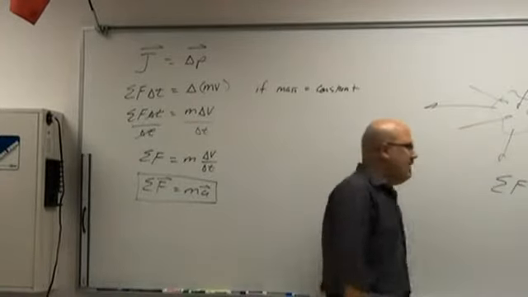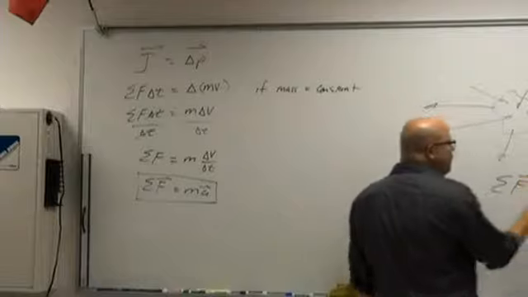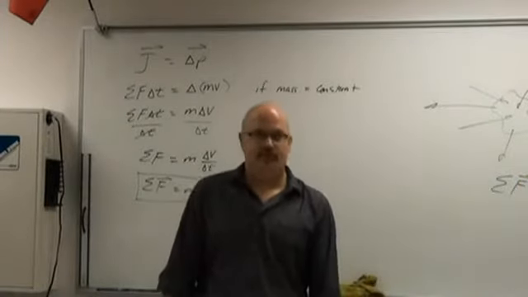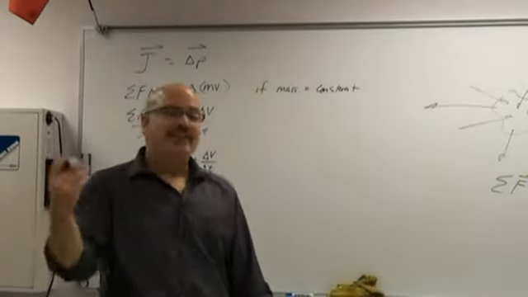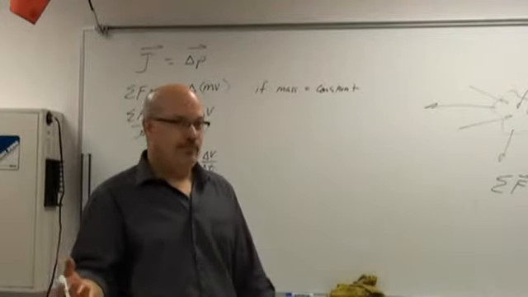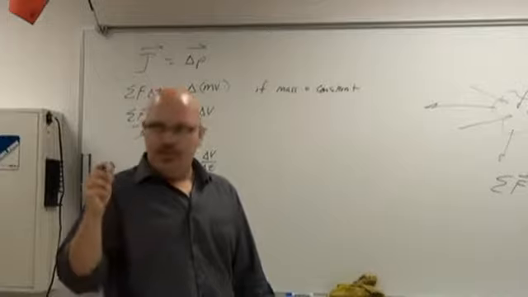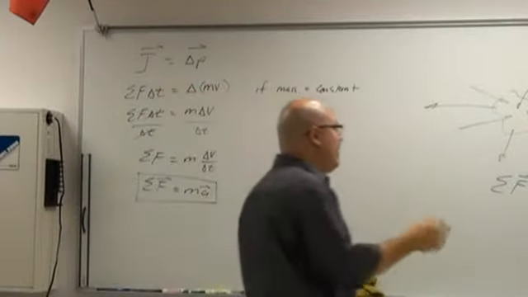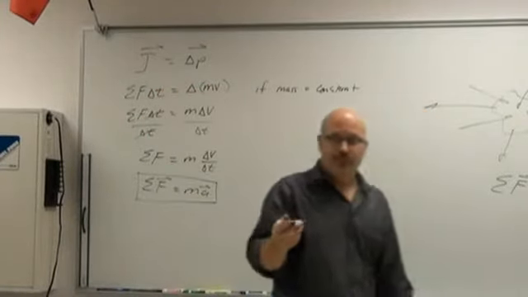And the acceleration and the force will be in the same direction. That does not necessarily have to be the direction that the object is going. Did you catch that? Acceleration is not necessarily in the direction the object is going.